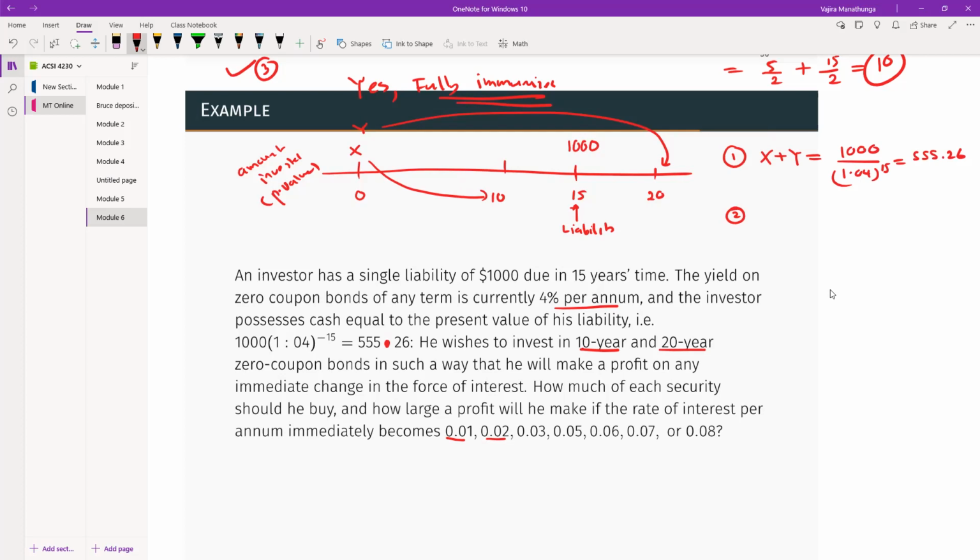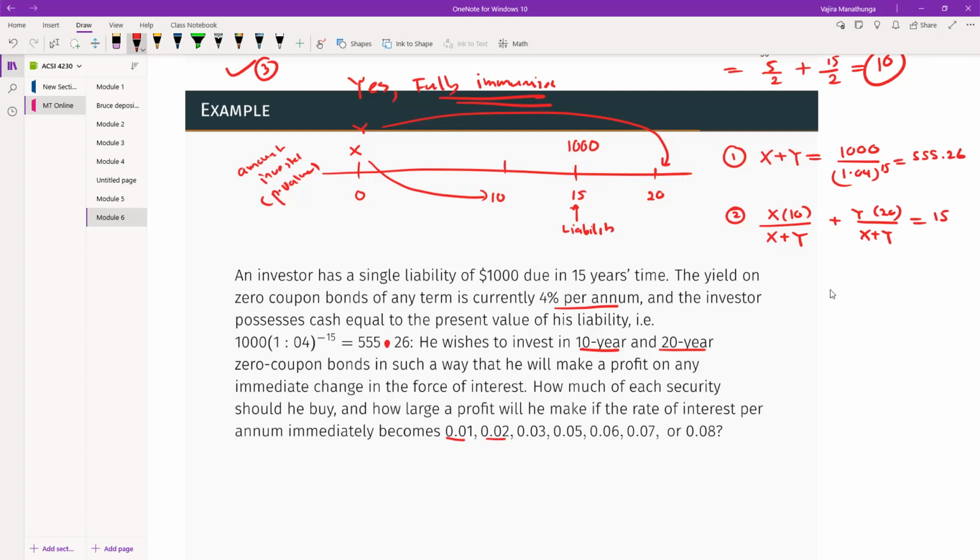Of course, you can see the duration of assets is X times 10 divided by X plus Y, because these are zero coupon, plus Y times 20 divided by X plus Y, should be equal to the only one cash flow, which is in year 15. So duration is 15.